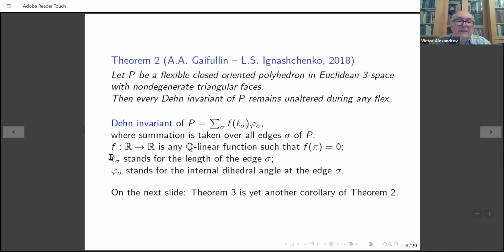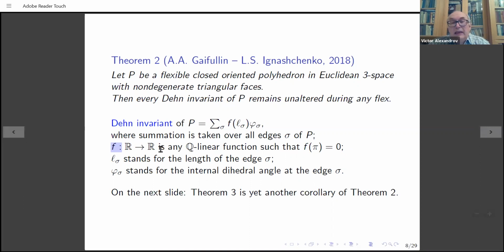We should take any Q linear function defined on the reals with values in the reals again. And this Q linear function should be such that the value of this function at the point pi is equal to 0. If we suppose that this function f is continuous, then it is well known that this function must be identically equal to 0.